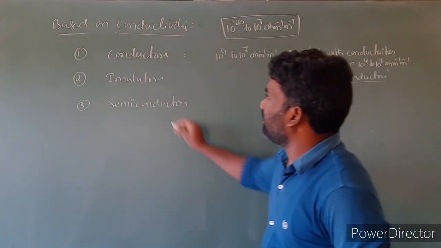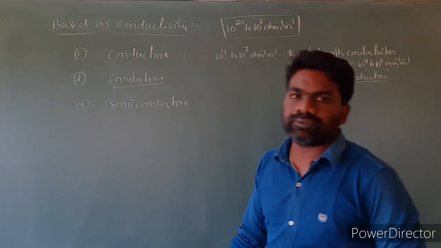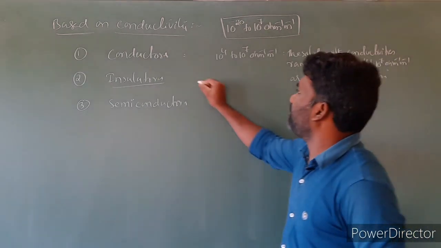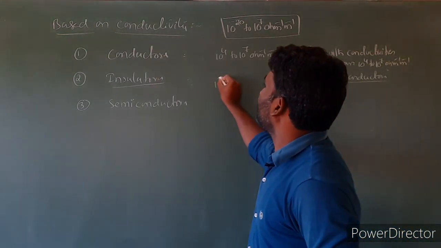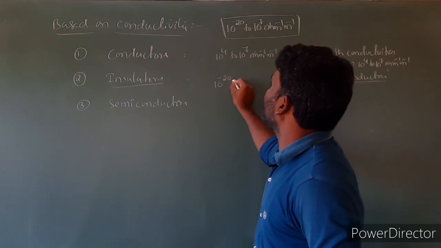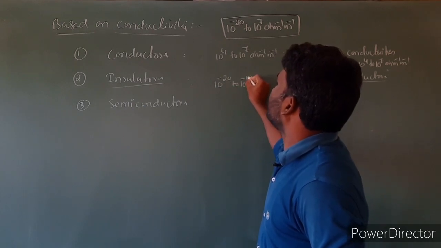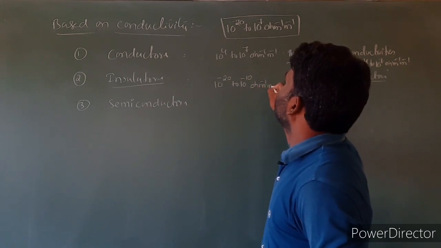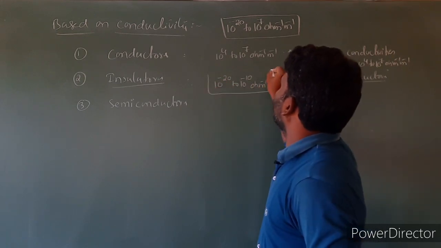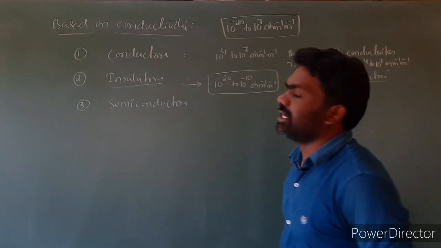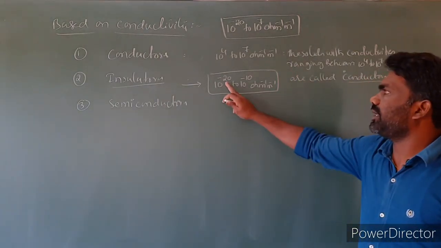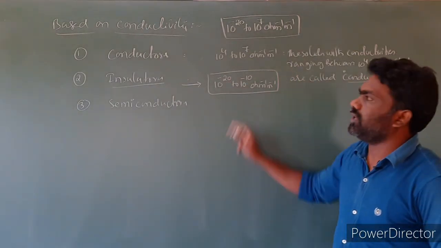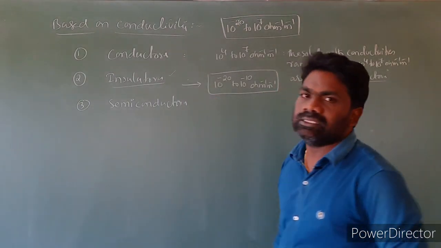The second one is insulator. The solids with conductivity ranging between 10 power minus 20 to 10 power minus 10 ohm inverse meter inverse, we have to call them insulators.